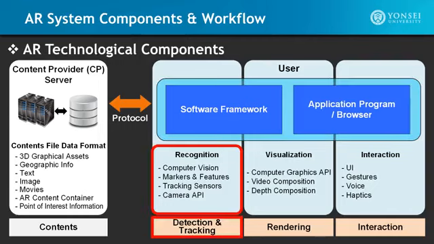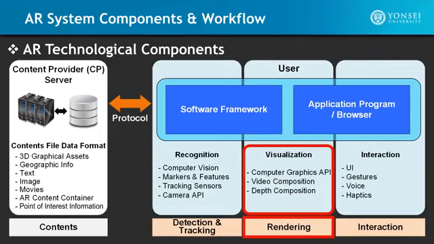Looking into the specific modules on a user, there is the detection and tracking technology that needs to be conducted. This is focused on recognition units, where computer vision, markers and features, tracking sensors, and camera API are executed. Then there's the rendering process that needs to be done to support visualization.